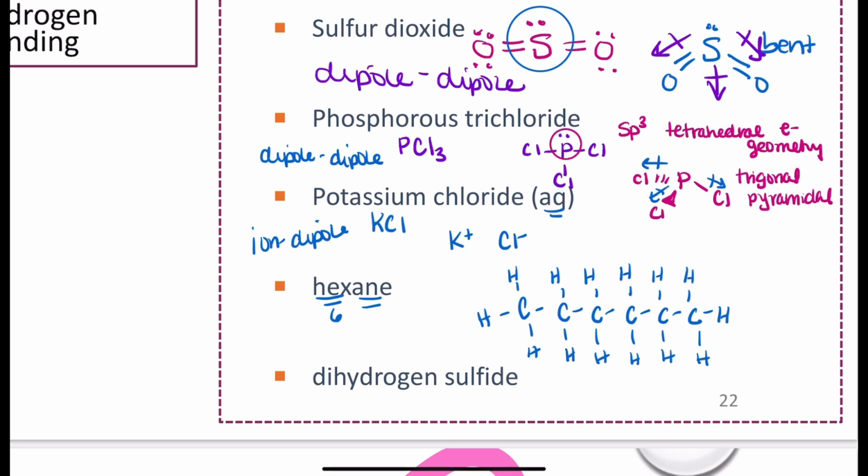When I look at that, every single carbon, 2, 3, 4, 5, 6, they are all sp3 hybridized. They all have electron and molecular geometry of tetrahedral.